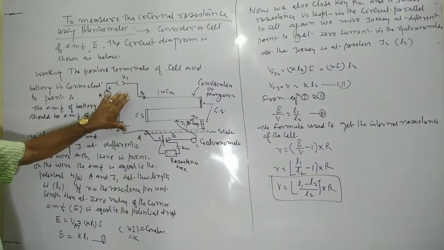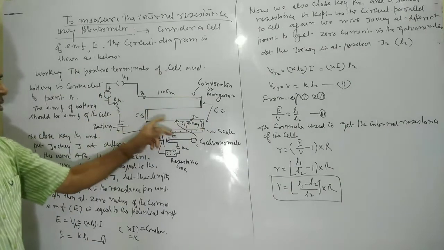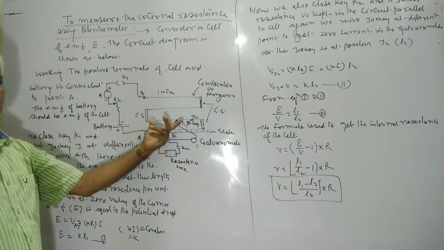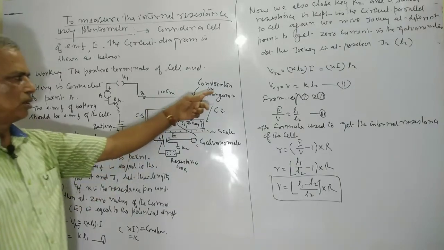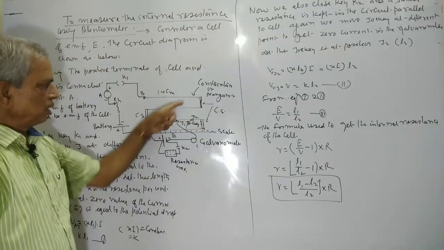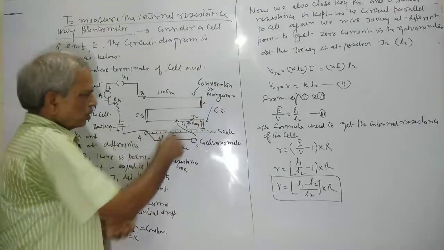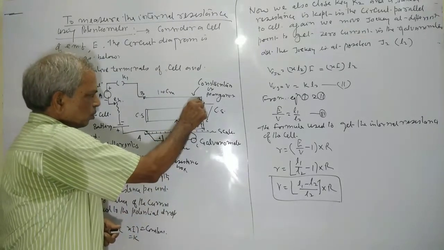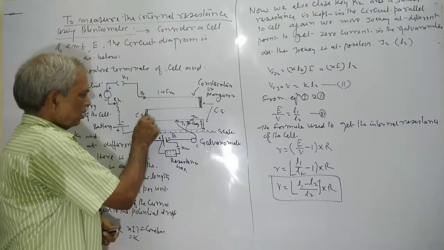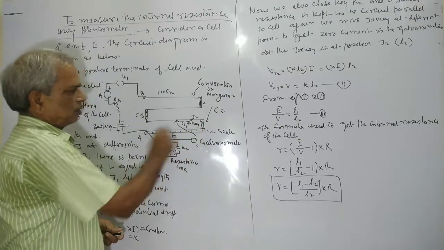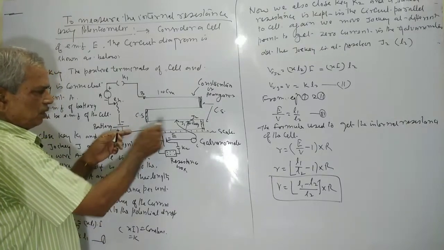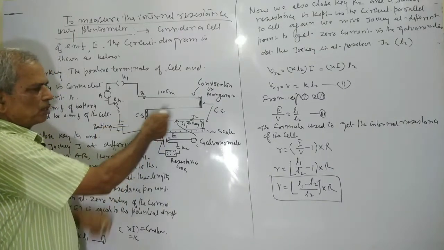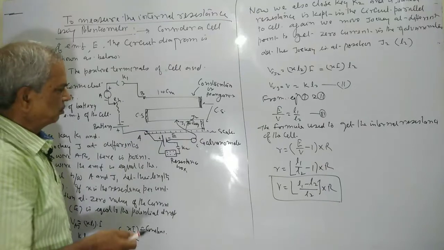This is our potentiometer, four wires each of 100 centimeter length. These wires are either of constantan or manganin. These are the copper strips through which the four wires are connected. These strips are conductors. They allow the current to pass without any resistance.